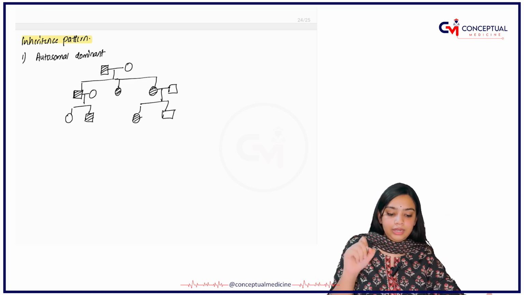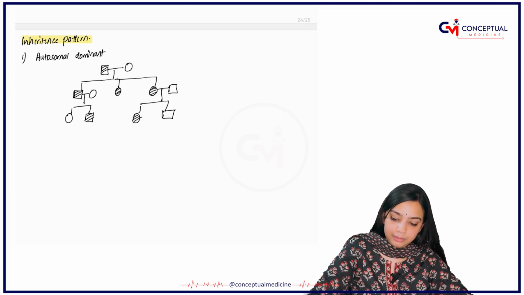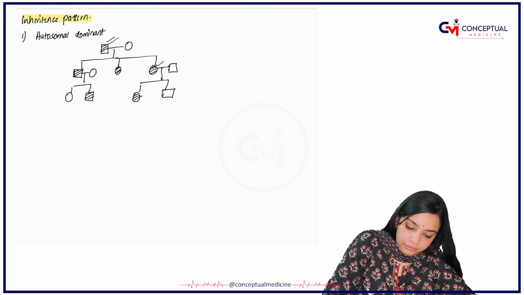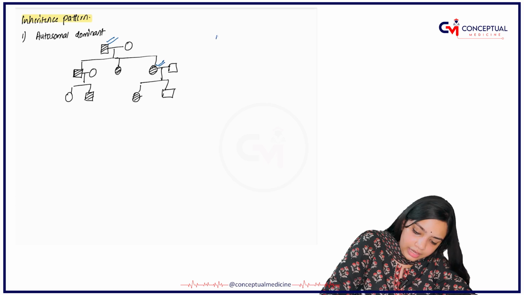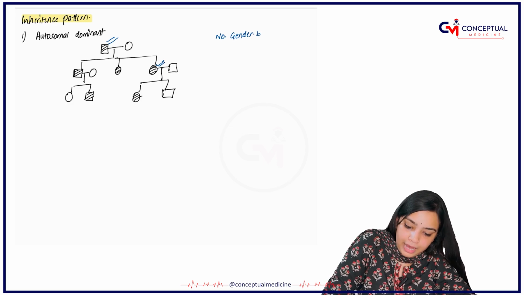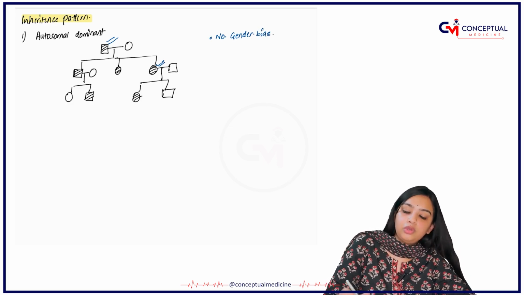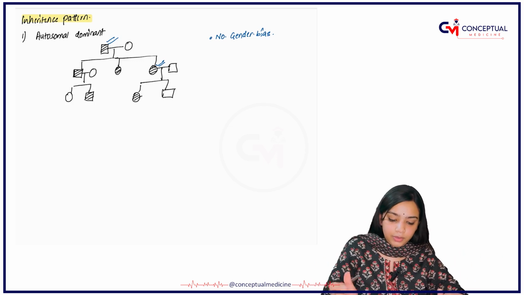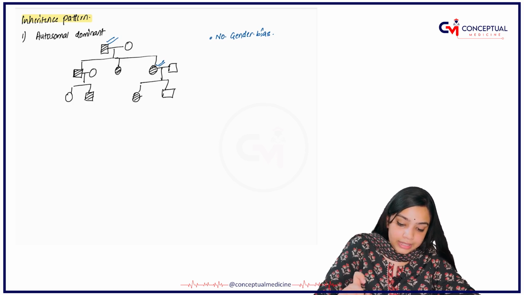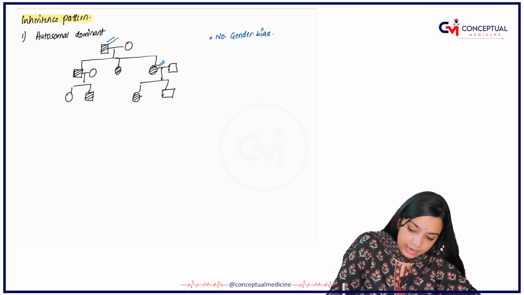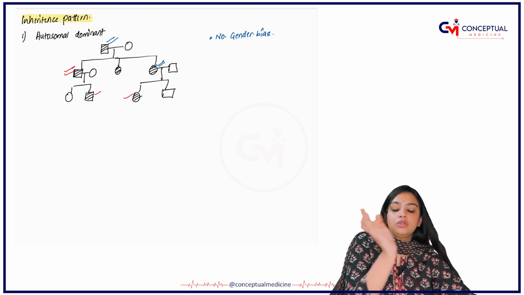So similarly, in autosomal dominant, you are able to see that the males are affected, okay? The females are also affected. So we are able to appreciate that there is no gender bias. Your mom gives food equally to your brother and to your sisters. So in autosomal dominant, there is no gender bias, and you are able to appreciate that the first generation is also affected and the second generation is also affected.